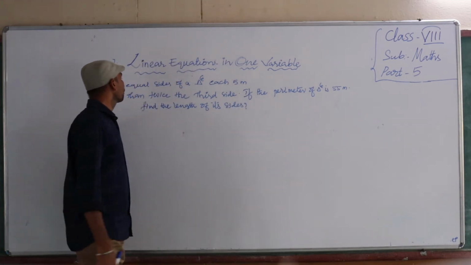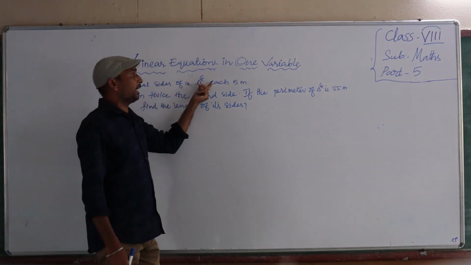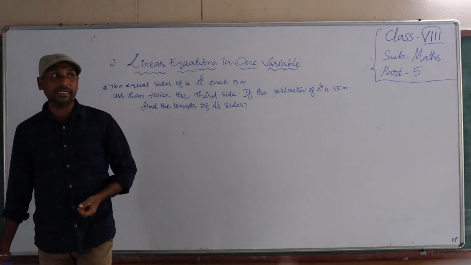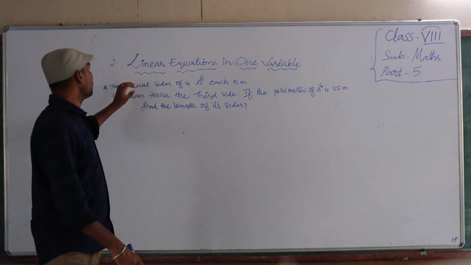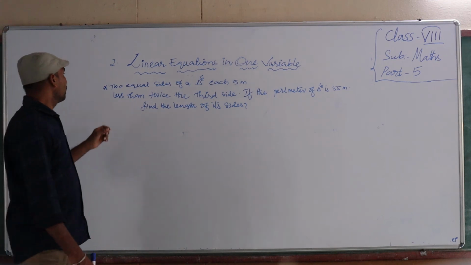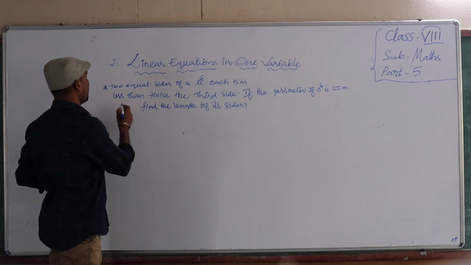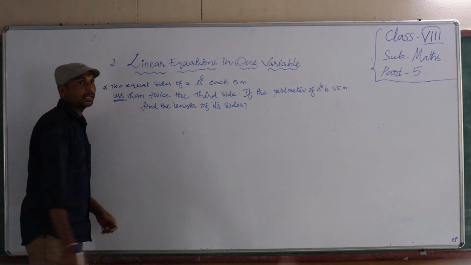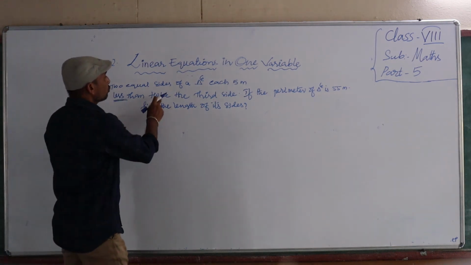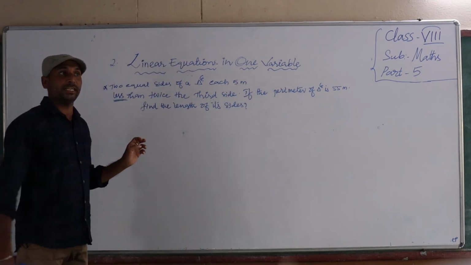So carefully, one second. Two equal sides of a triangle. Two equal sides means the given triangle is an isosceles triangle. So each side is 5 meters less than, again less means minus, twice the third side, and the perimeter is 55.